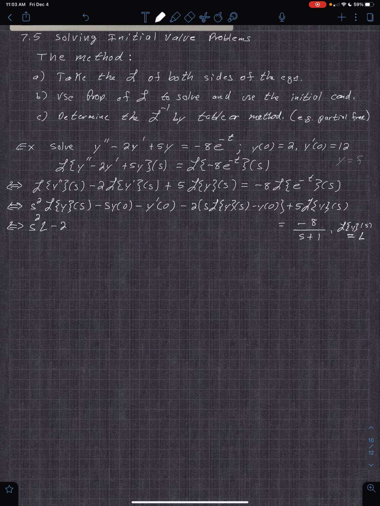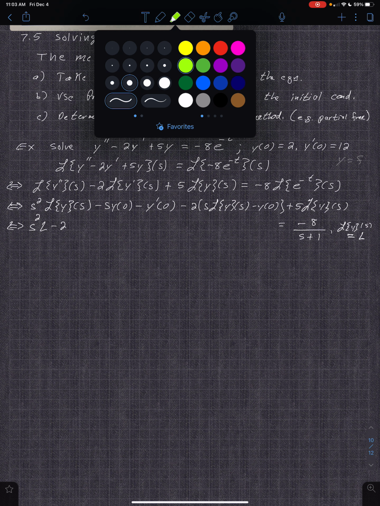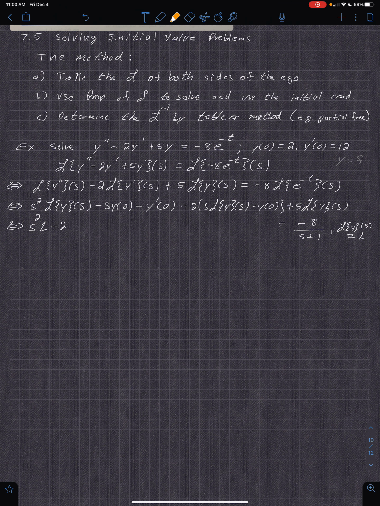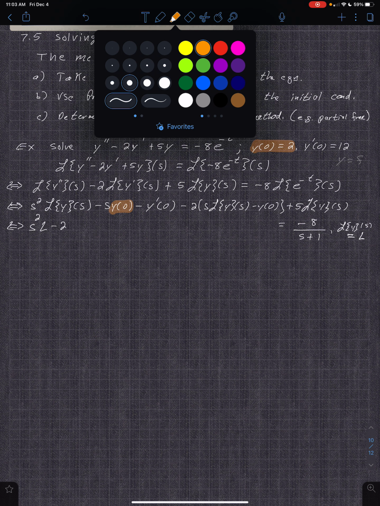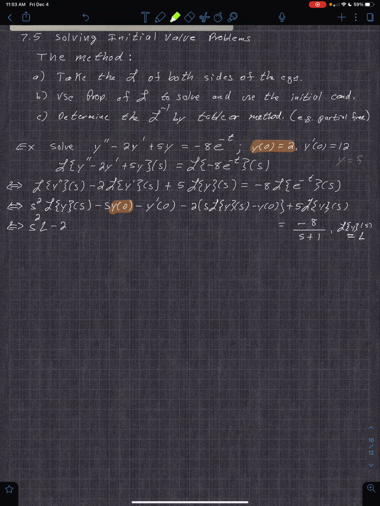Well, just to point this out, let me show you this part. Okay, so this is what we're going to substitute. So y of 0 is 2, and I did want to point this part out. And then, before I move on, y prime of 0 is 12.